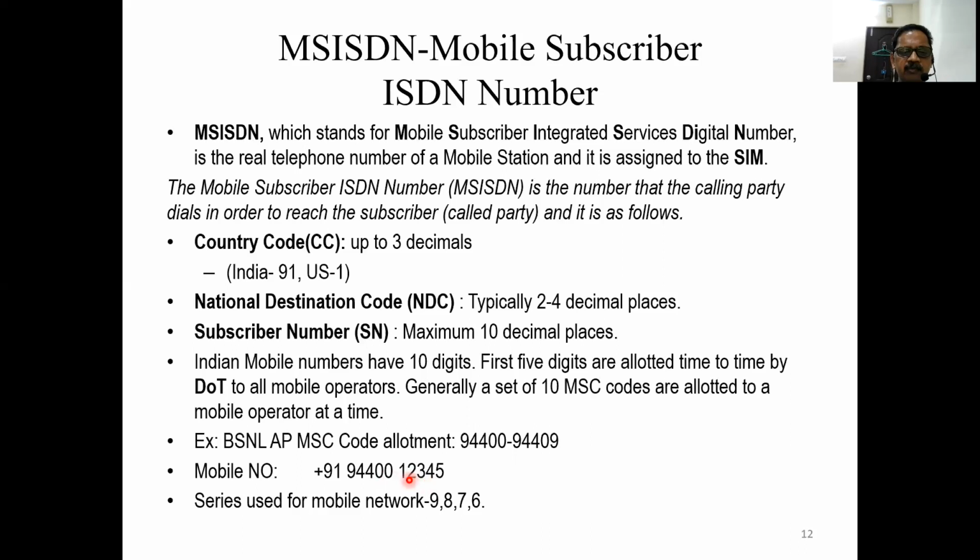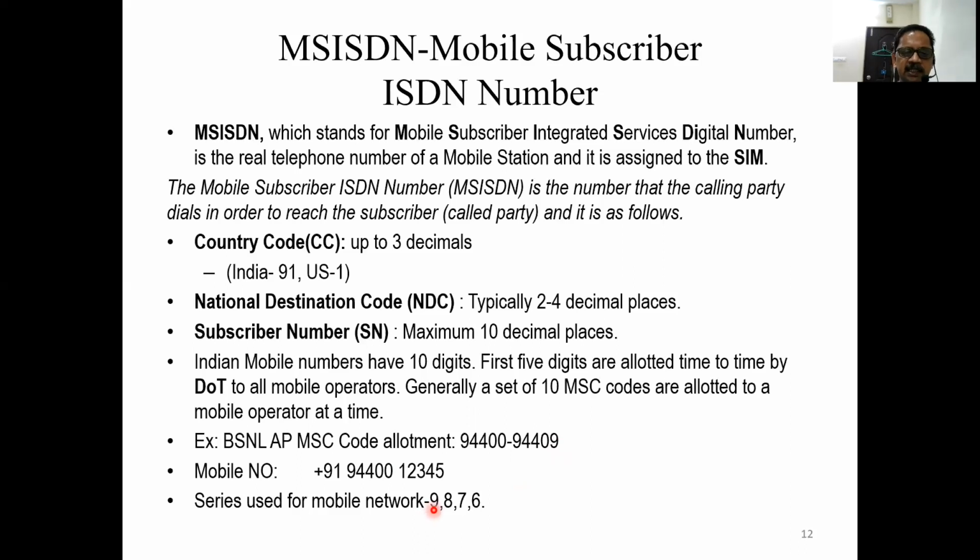Followed by this, I can provide all 5-digit numbers until I exhaust them. At the time of almost exhausting, we can request the Department of Telecom to give another series of 10 sets.